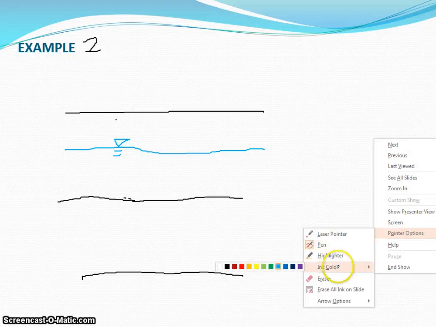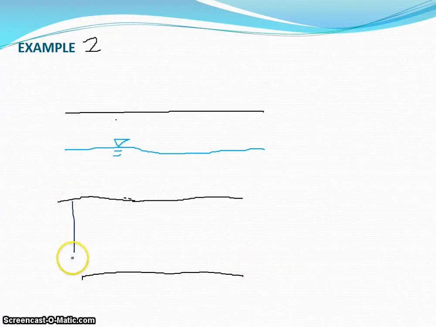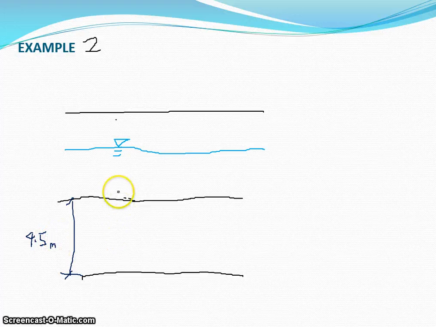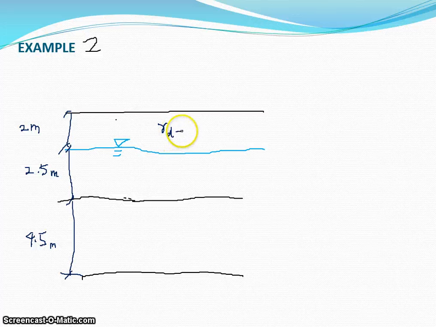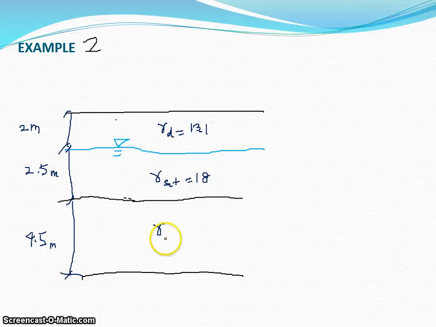The height for this one is 4.5 meters. This is gamma dry, 13.1, gamma saturated 18, and another gamma saturated, if I'm not mistaken, 19.